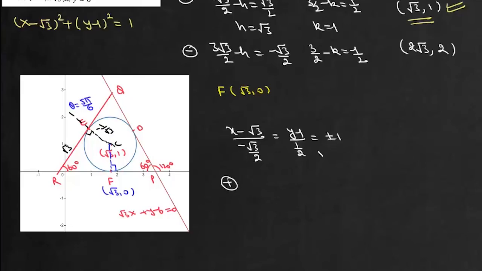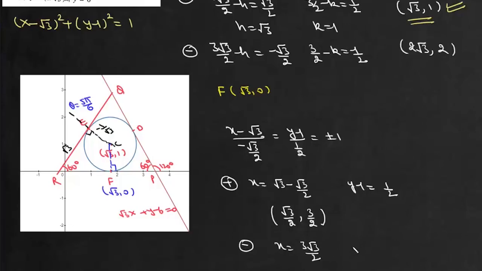Now if we take this plus sign, we'll get x equals root 3 minus root 3 by 2, and y minus 1 equals 1 by 2. So this point will be root 3 by 2 and 3 by 2. And if we take the minus sign, then we'll get this point as x as 3 root 3 by 2 and y as 1 by 2.